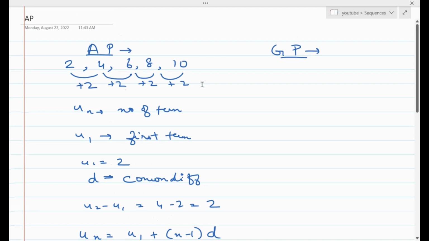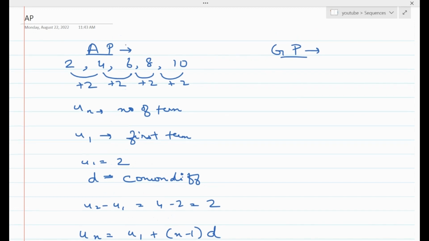Now let's look at the geometric progression. So similar to arithmetic progression, geometric progression is where each consecutive term is multiplied by the same number. So suppose I have a series 2, 6, 18, 54.